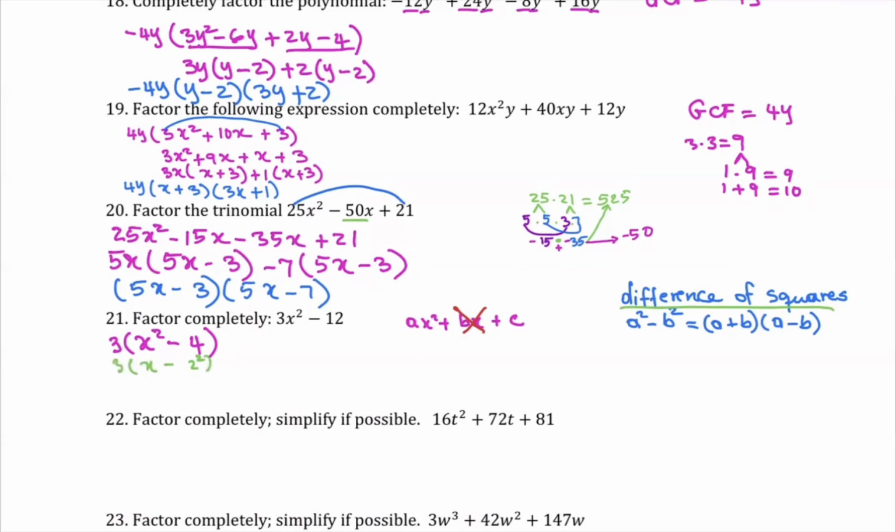If I remove the power 2's, I'm going to be left with 3 times x plus 2 times x minus 2. First you want to factor the GCF and then see if you can put it in the format of difference of squares. When you do that, it allows you to apply the difference of squares formula. So that is your final answer.